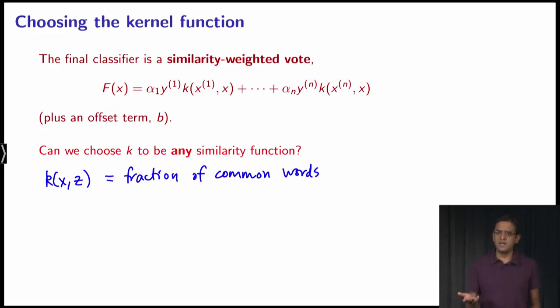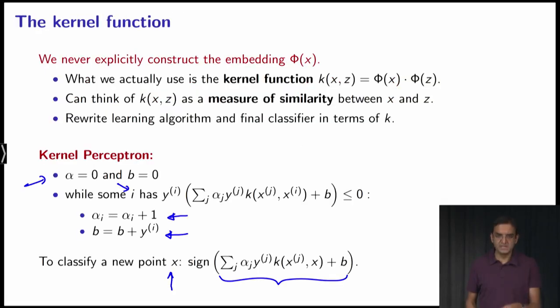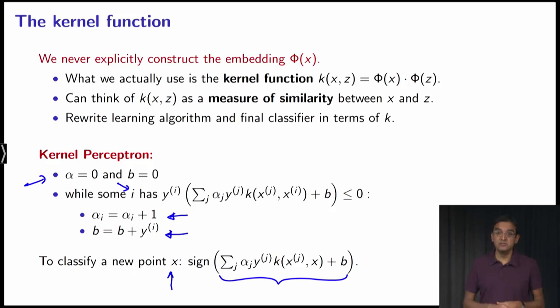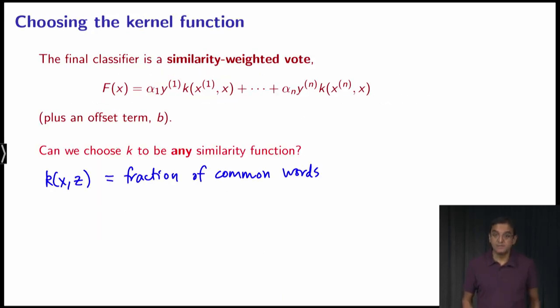Are we allowed to do that? Are we allowed to just put down any similarity measure that sounds good to us, and then go to the perceptron algorithm and use that similarity measure, and get back this vector alpha and this offset b, and use this classification rule over here? That's a very intriguing prospect.